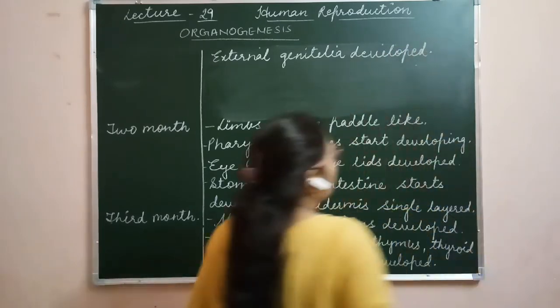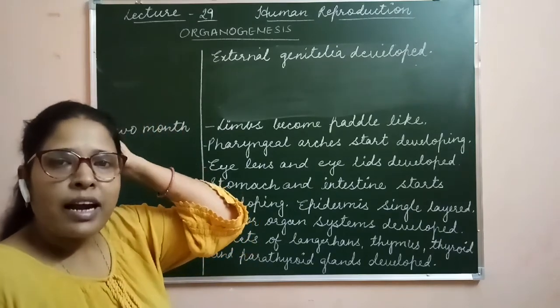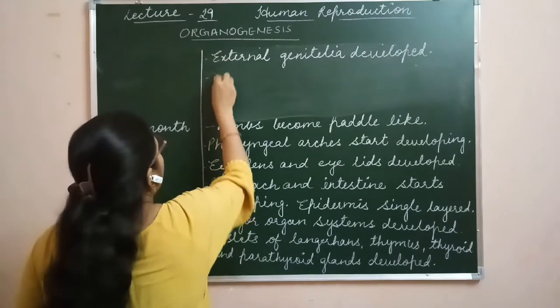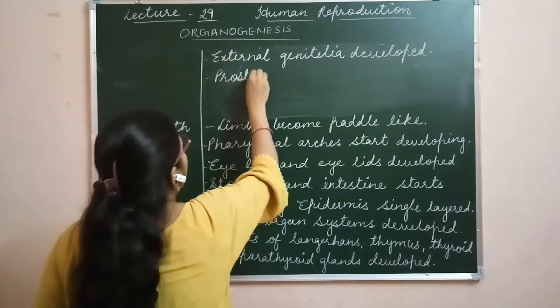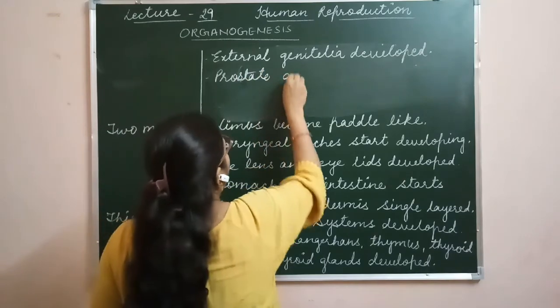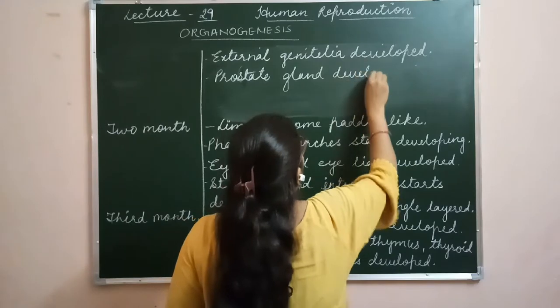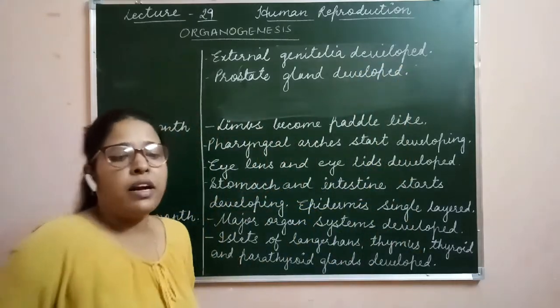Next change that takes place is that the prostate gland starts developing in the male body. So the prostate gland develops at the completion of the third month of pregnancy.